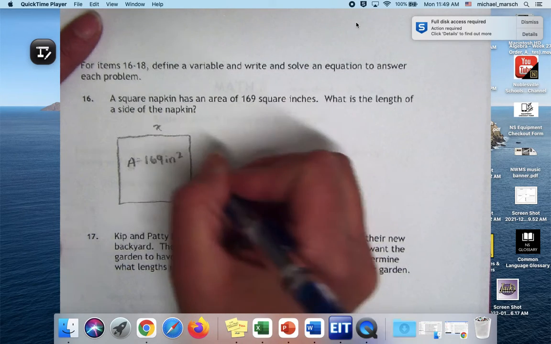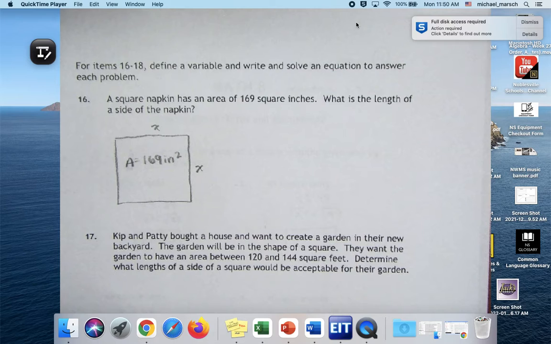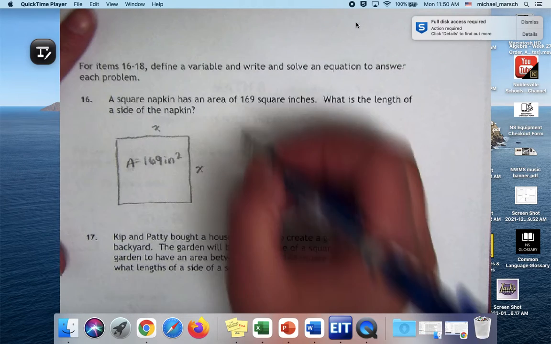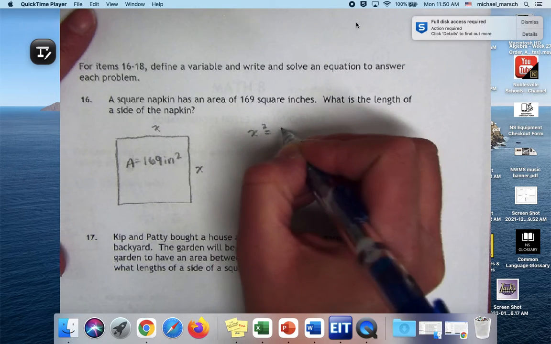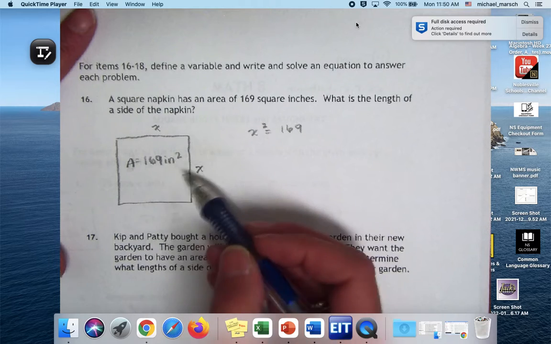I know that the side lengths are going to be x's because x squared will give me the 169. So x squared equals the area.